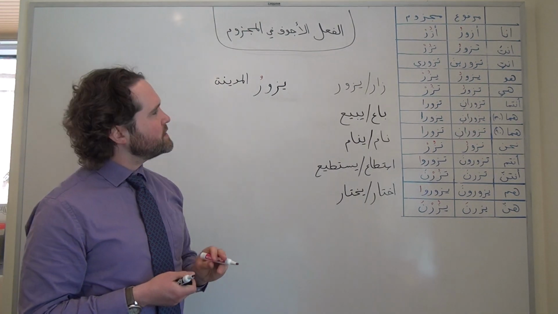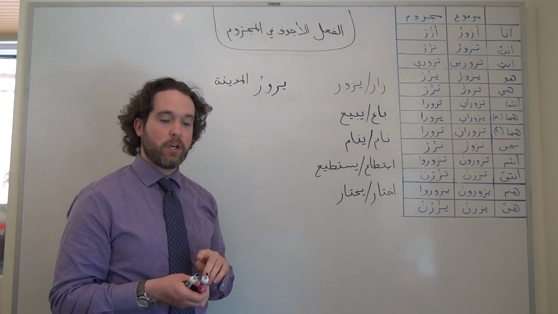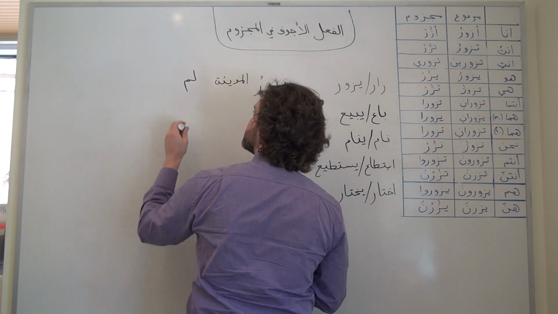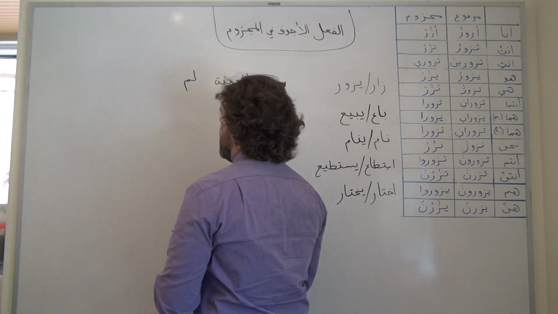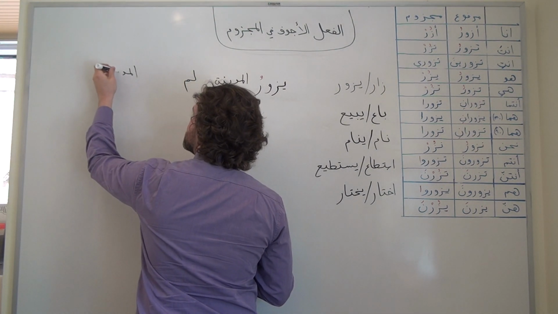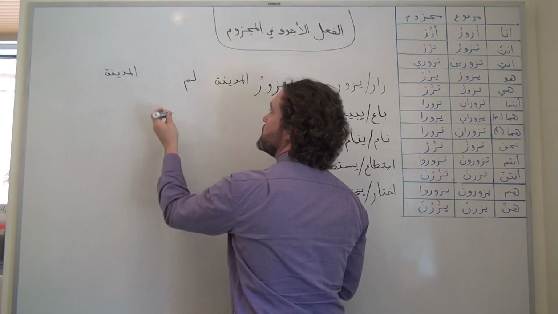But now, if we wanted instead to say he did not visit the city in formal Arabic, we would need to use that particle lam. And then something interesting happens with the yazur.